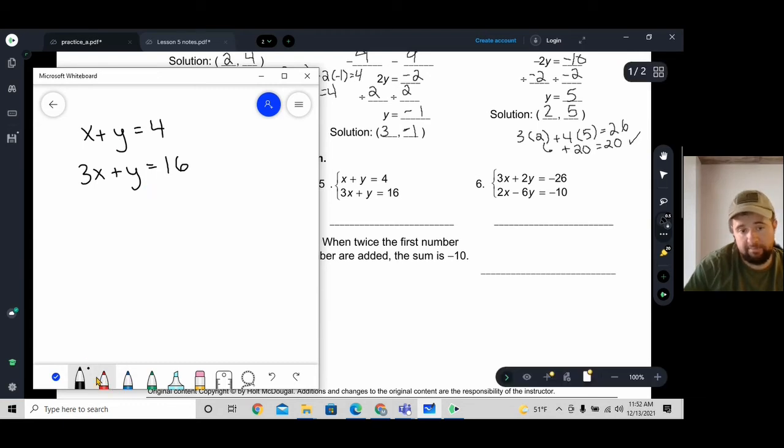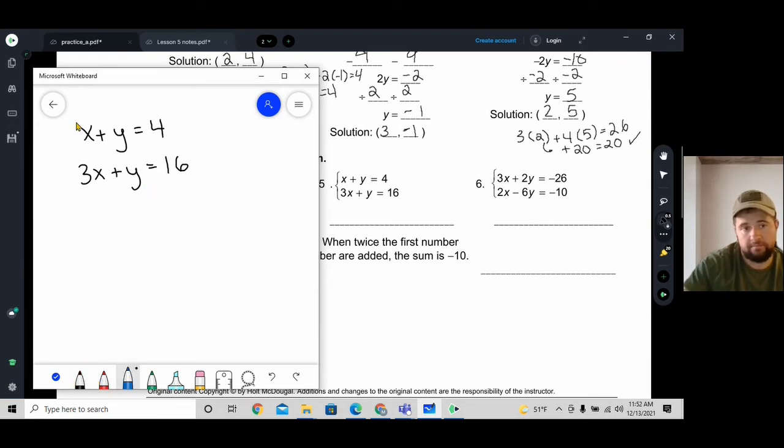So what I'm going to do is take my top equation and multiply my whole top equation times -1.